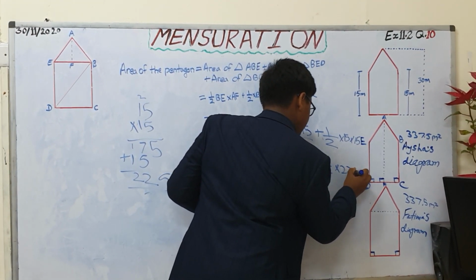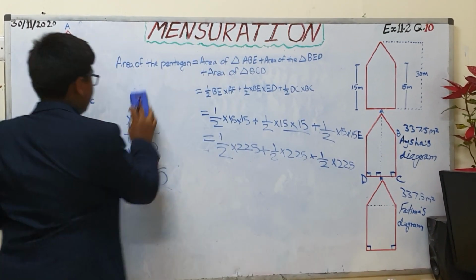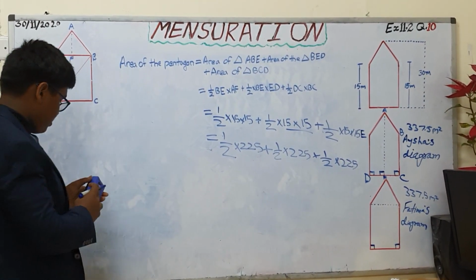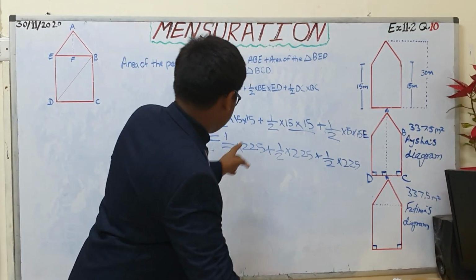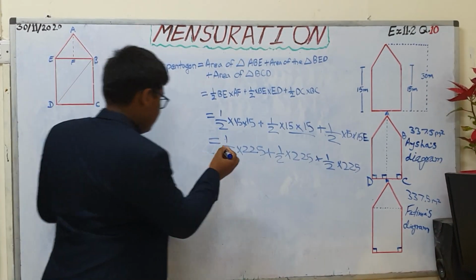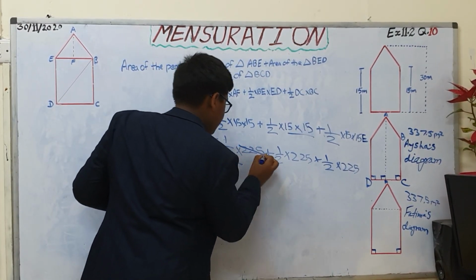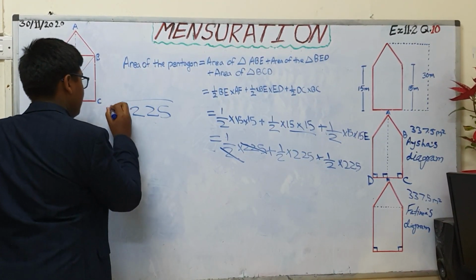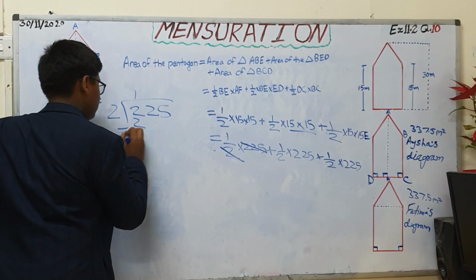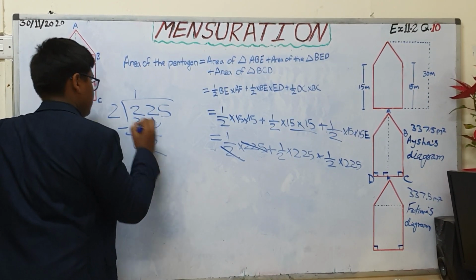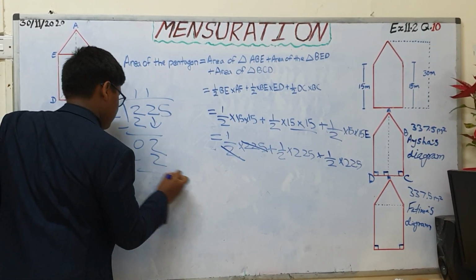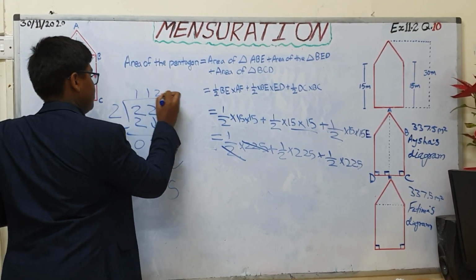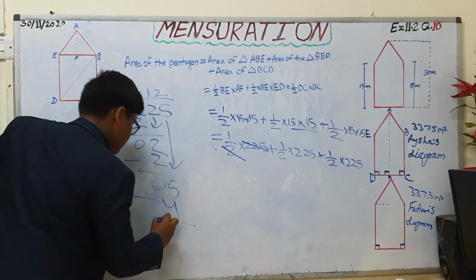Now we can cut the 2 and 225. Let's divide them: 225 by 2. This will be 1, 0, then again 1, then 0, then 5. Then 2 into 2 is 4, then 1 minus.